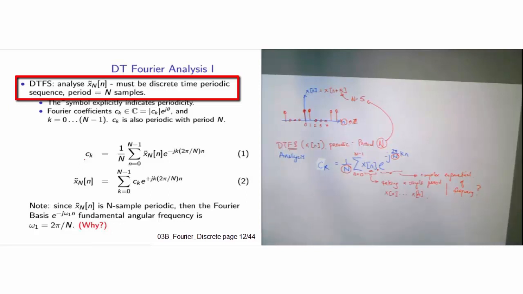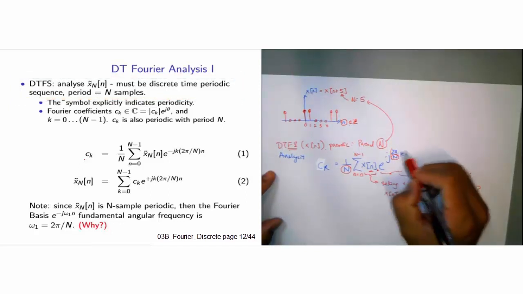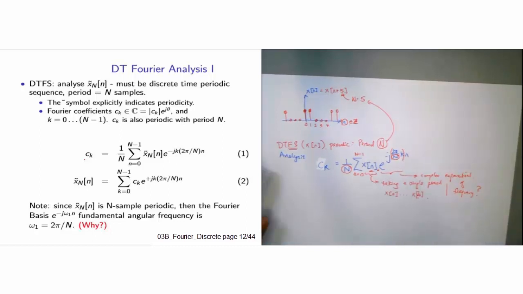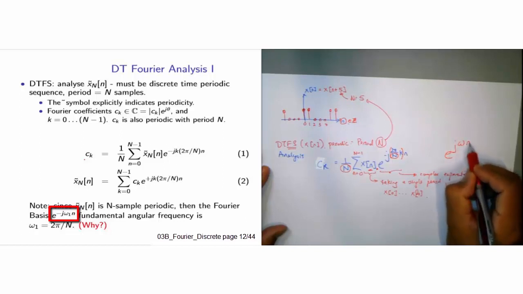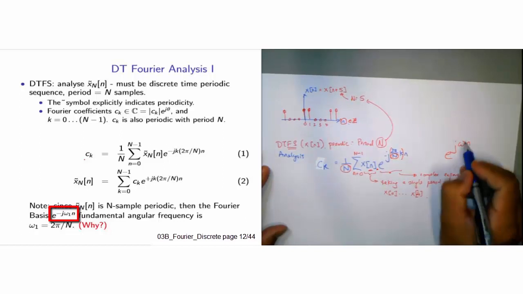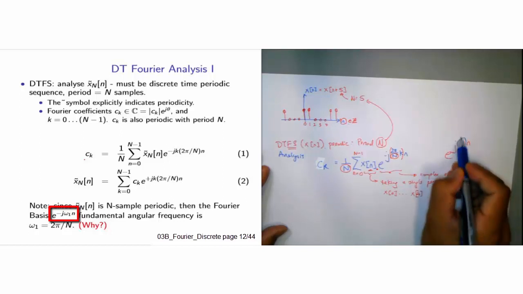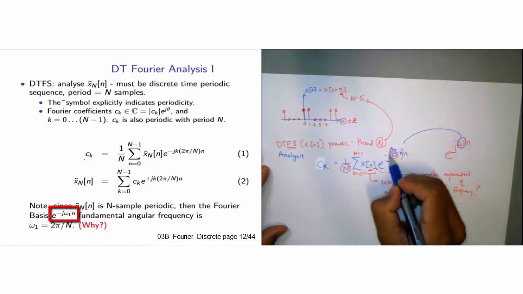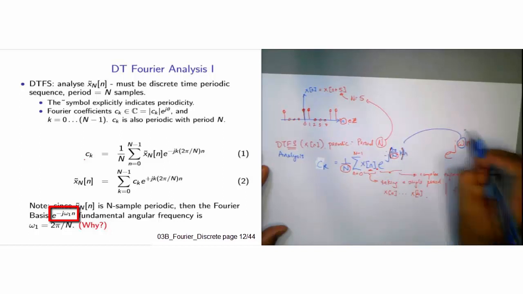And what is the frequency? You observe that the frequency is this, because I could have written it as e^(j omega n). Omega is the frequency of interest, and here the omega is this blue bracket, equal to 2 pi over N k.